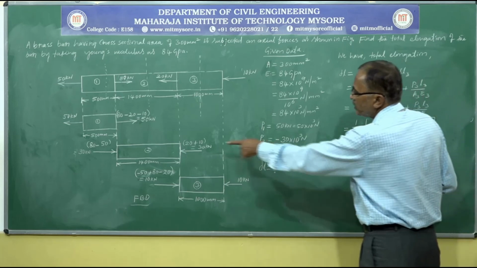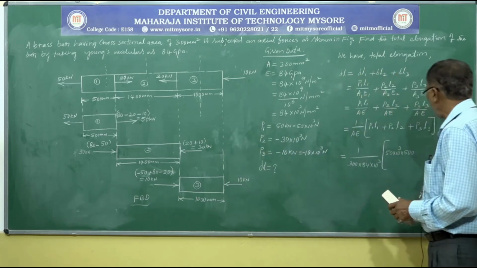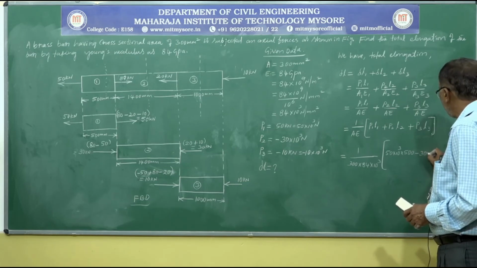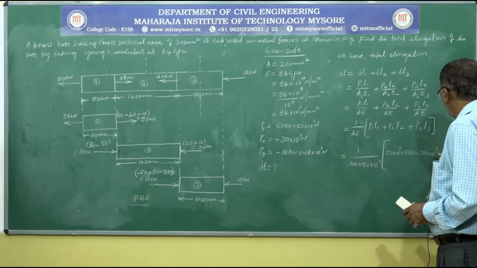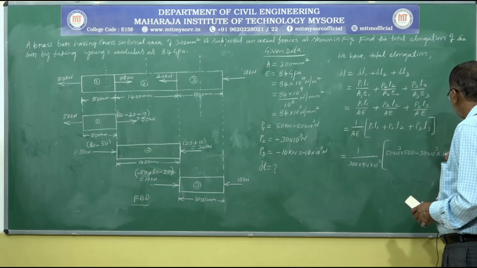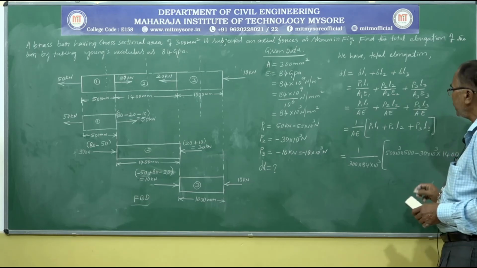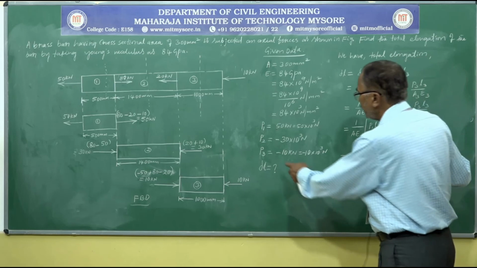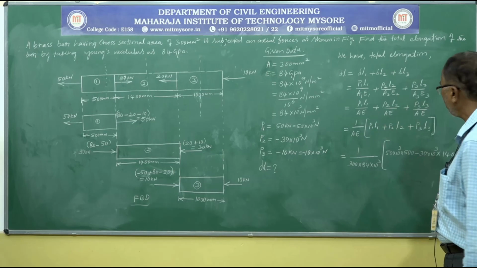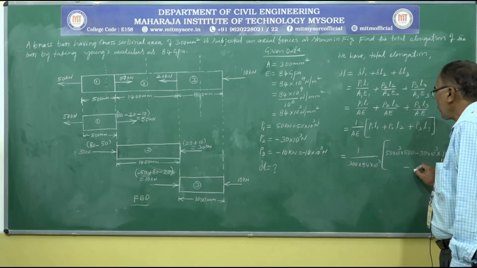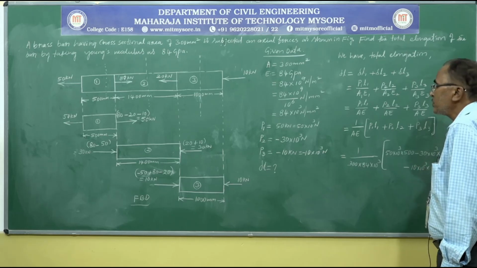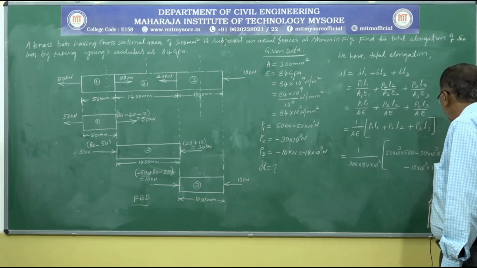Here P2 is negative because portion 2 is subjected to compressive load, minus 30 into 10 power 3 multiplied by the length of the second portion, 1400, and plus P3 L3. Portion 3 is also subjected to compressive load, so it is negative, minus 10 into 10 power 3 into L3, which is 1000.